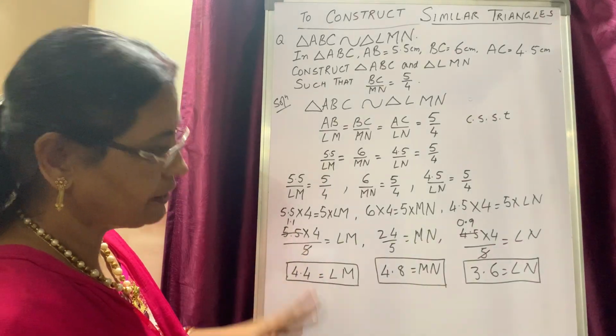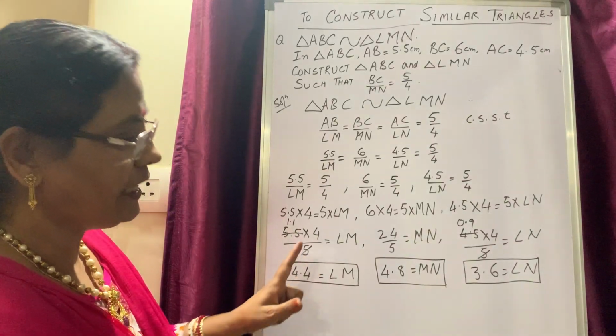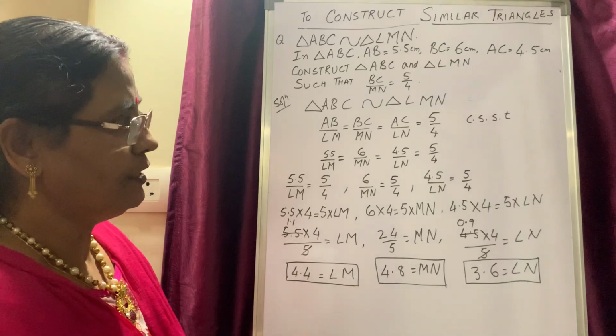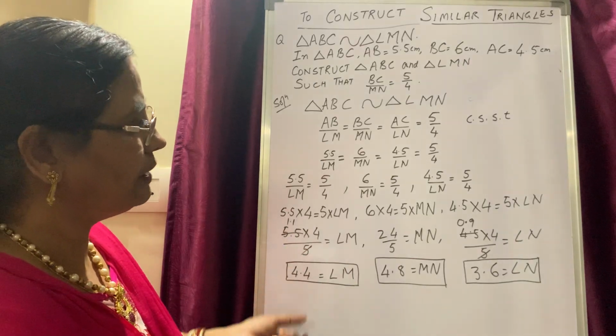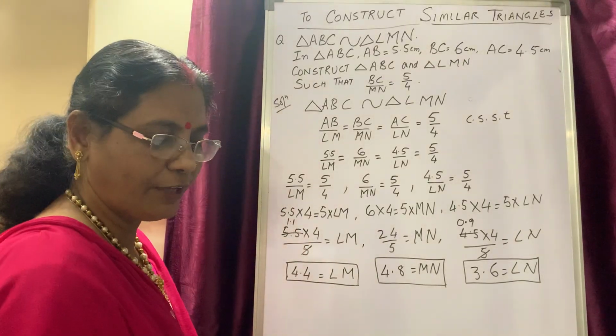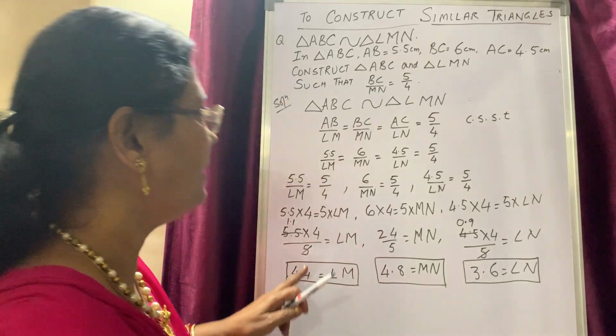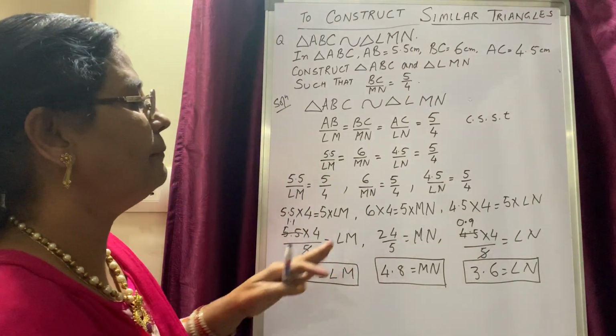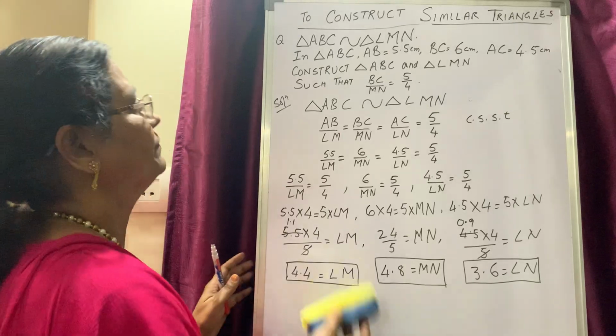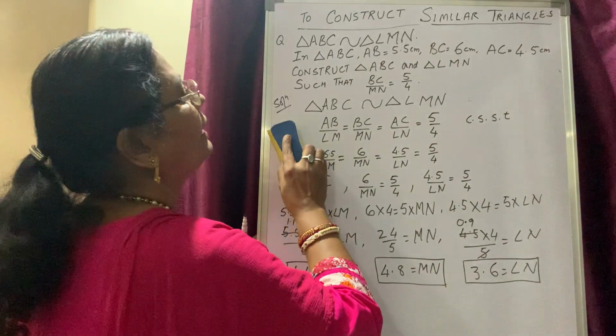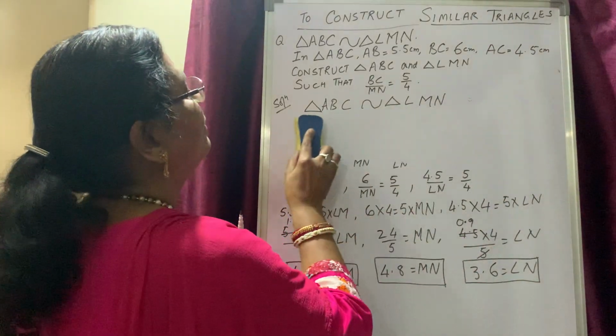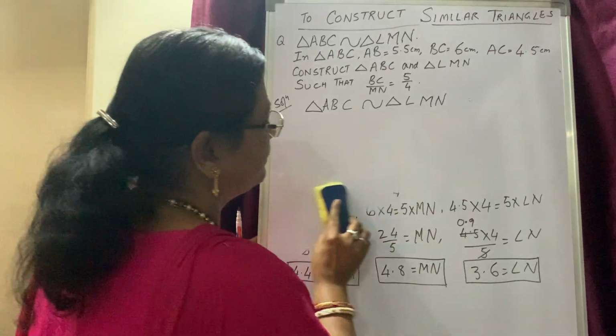So, the next step is to construct triangle ABC and triangle LMN. First we will write down the three sides of triangle ABC given and of triangle LMN which we have calculated. So, I will rub the board and I will write the sides so that we can draw the triangle.